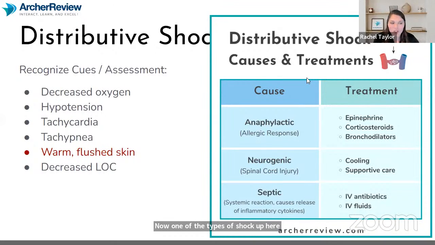Does anyone know which type of distributive shock we actually see bradycardia in? Anyone know? Nice. In neurogenic shock, I can actually see bradycardia instead of that tachycardia. So that's a key takeaway I want you guys to get.